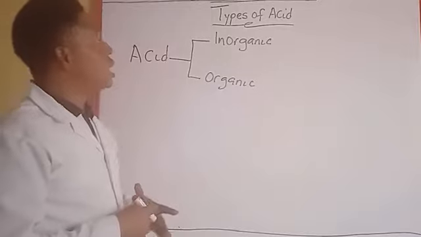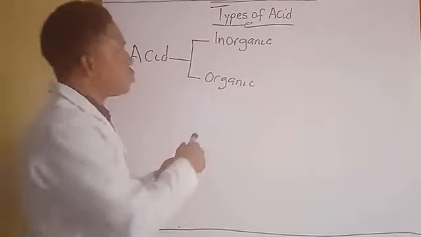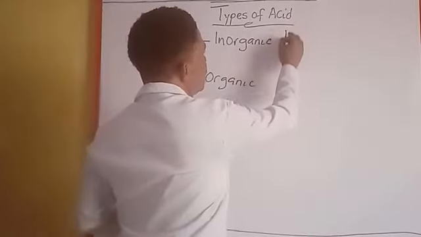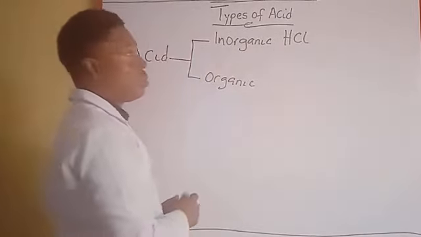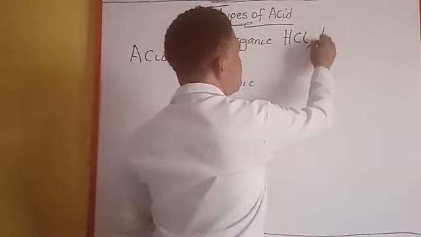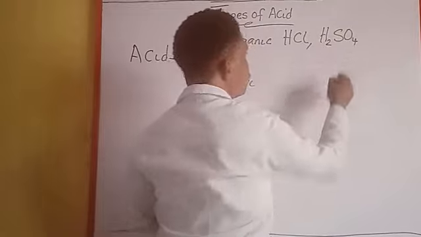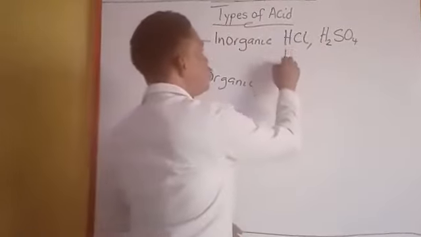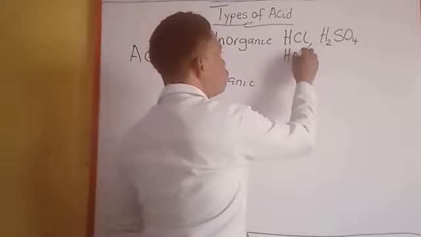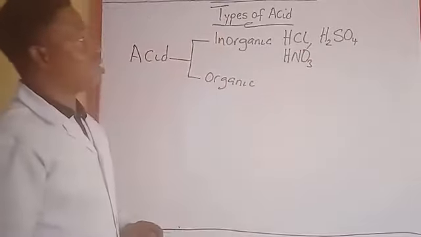Now, an example of the inorganic acid we have is hydrochloric acid, which is HCl. Also sulfuric acid, which is H2SO4, is an example of inorganic acid. HNO3 also is an example of inorganic acid.